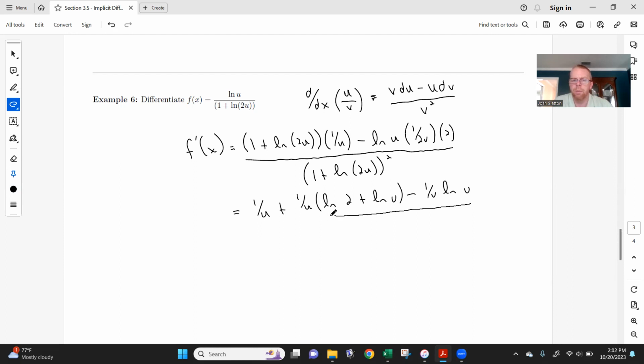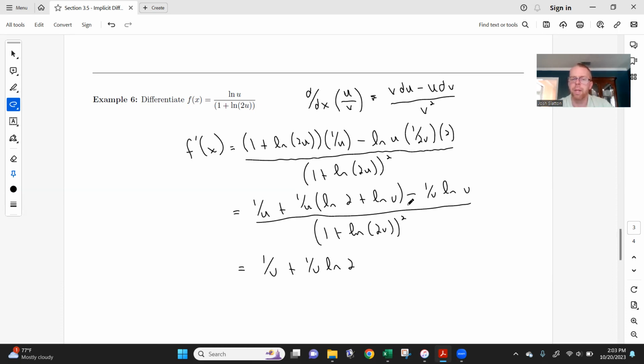And now all of this is over the 1 plus ln 2u squared. All right. So now let's combine some of our like terms. We could have done this a little bit more efficiently, but that's okay. 1 over u plus 1 over u ln 2. And now notice we have 1 over u times ln of u minus 1 over u times ln of u.